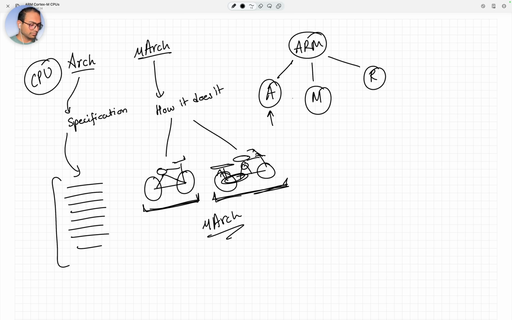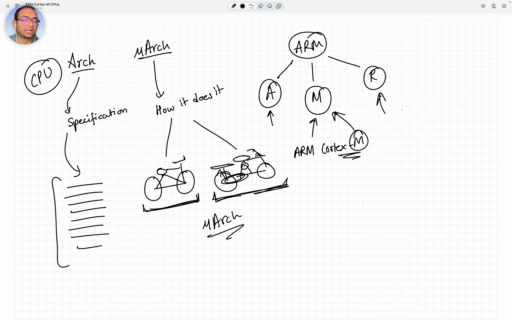And the M class CPU is called the microcontroller class. When we talk about Cortex-M here, the M is referring to the fact that it's an M class CPU. The microcontroller class means that it is designed for deeply embedded applications like a watch, a toaster oven, temperature control, Wi-Fi, Bluetooth, those kinds of things.